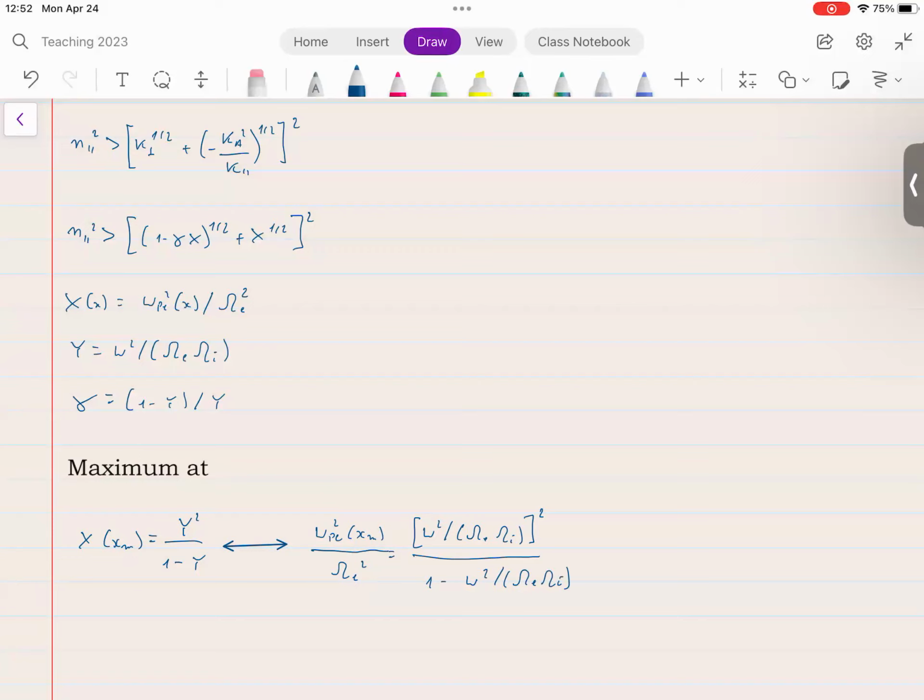Okay, point being this function has a maximum at some position, well, n parallel square needs to be larger than the maximum. And just making it equal to that maximum will give me a minimum value for n parallel.